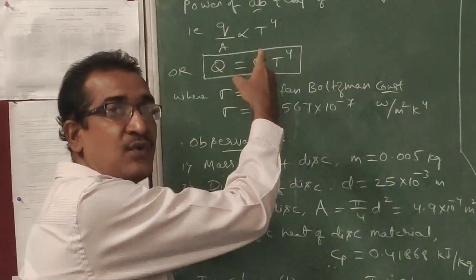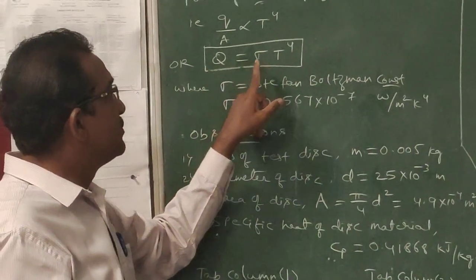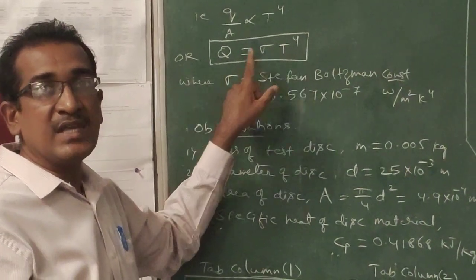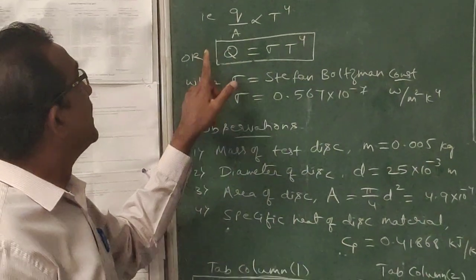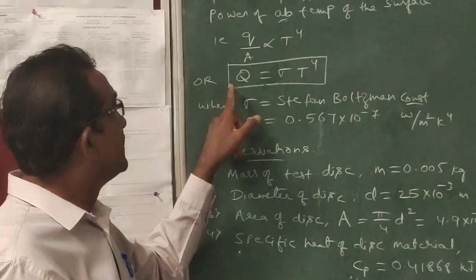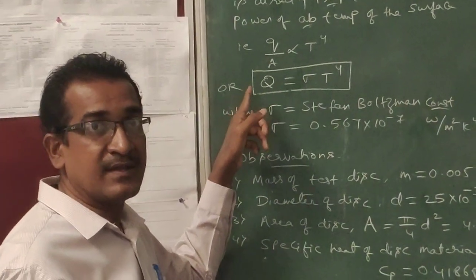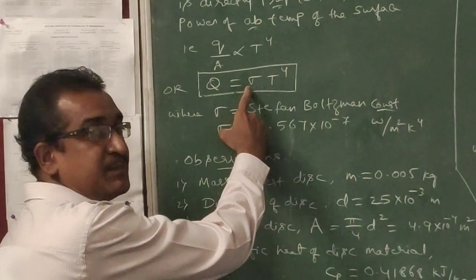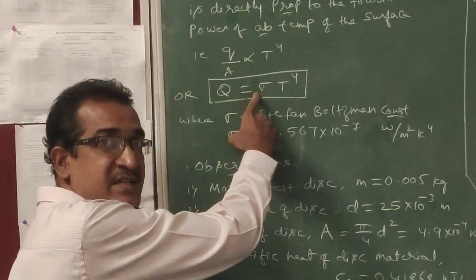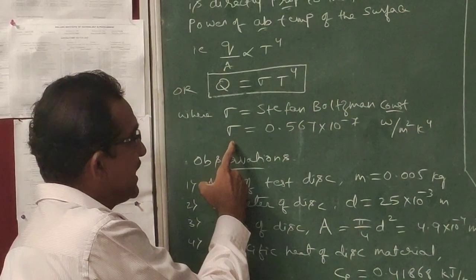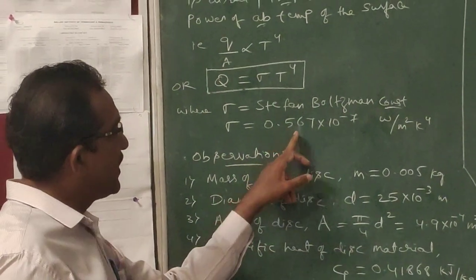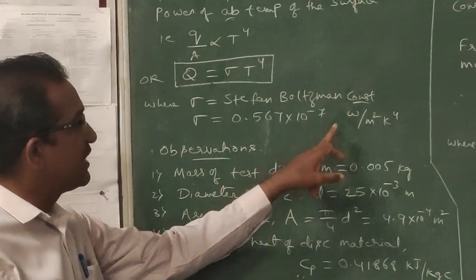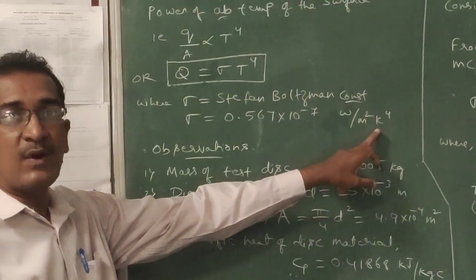So Q is equal to sigma into T power 4, which is the Stefan Boltzmann equation. From this we are going to find out sigma, that is Stefan Boltzmann constant. The Stefan Boltzmann constant value is 5.67 into 10 power minus 8 watts per meter square Kelvin power 4.